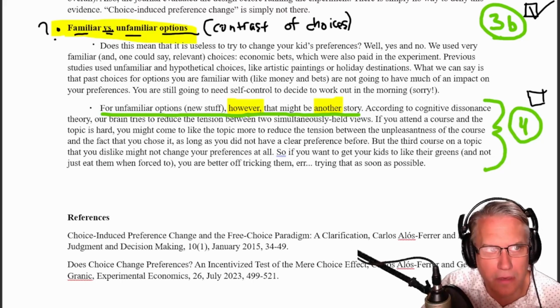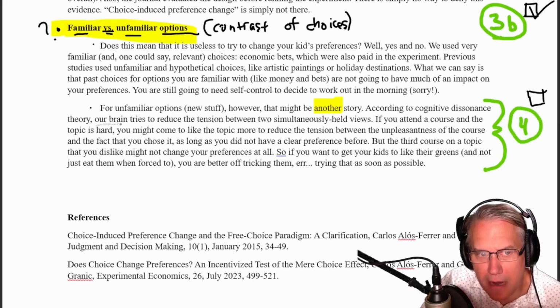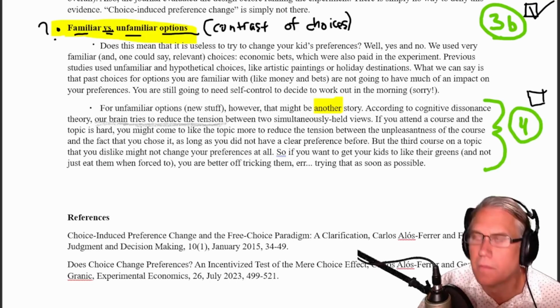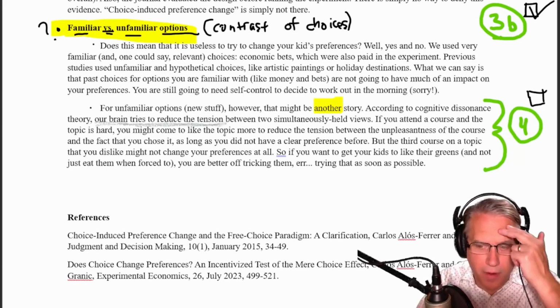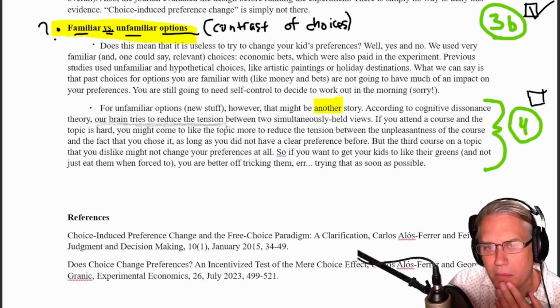Can I get rid of the green? Okay. All right. So according to this theory, whatever, I don't know what the theory is, our brain tries to reduce the tension. So the tension, this is some kind of a problem, right?